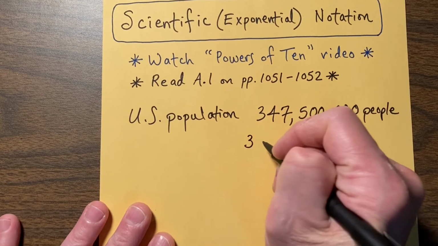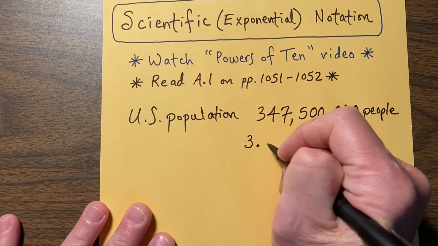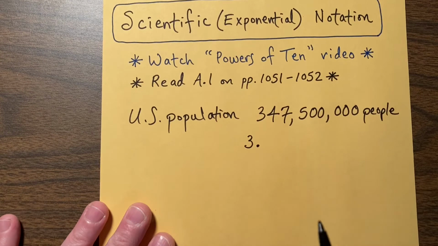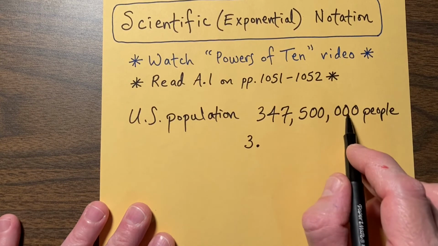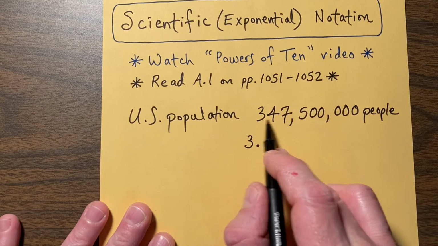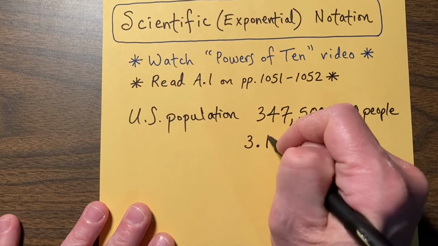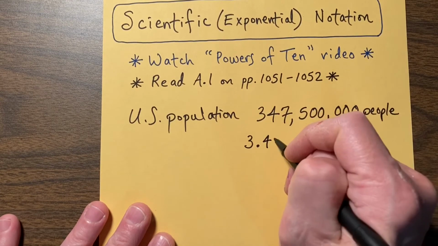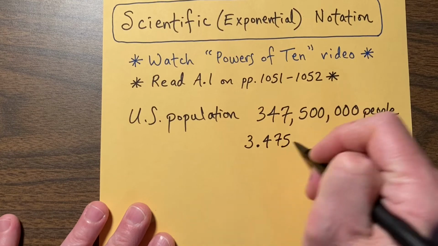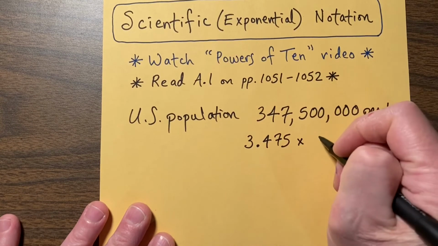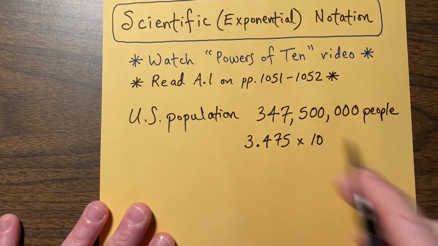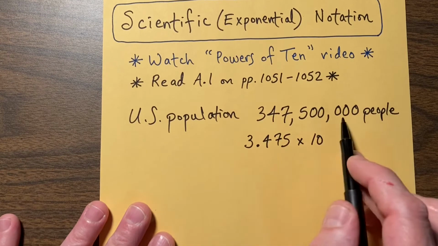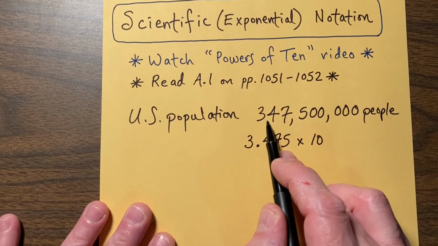You could write that number in scientific notation like this. You write it as a number between 1 and 10, and you don't include any zeros that aren't significant. So these are only placeholders, they're not significant. So the 3, the 4, the 7, and the 5 are significant. So I could write it as 3.475, and then multiply it by a power of 10. You imagine that the decimal place is here, and then you count the number of places you have to move to put the decimal at the proper place.